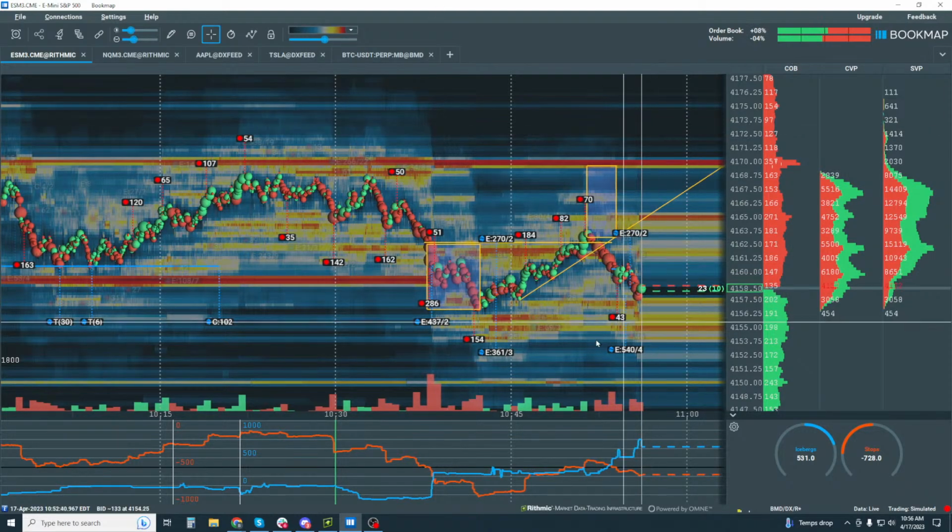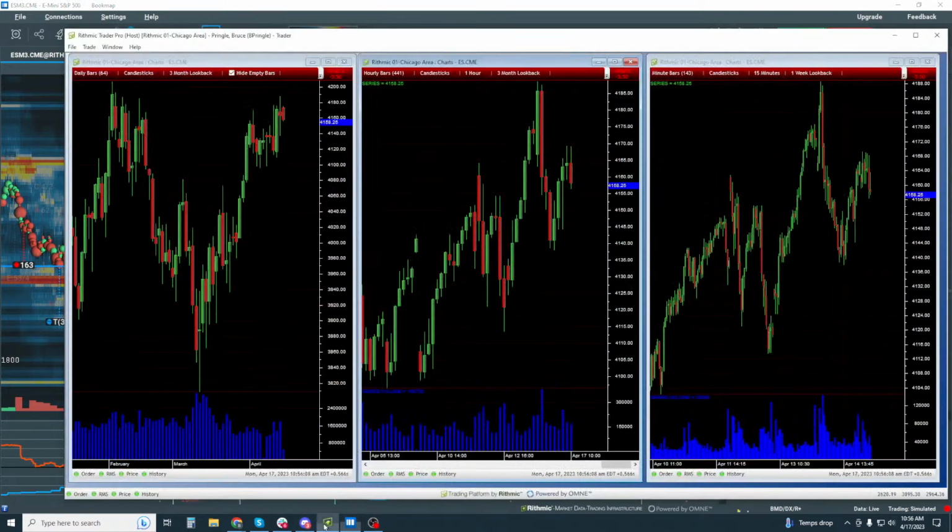I was with you on that, Jack. In the bigger picture here, but looking for that continued momentum. That still might happen. Still might get back up here.